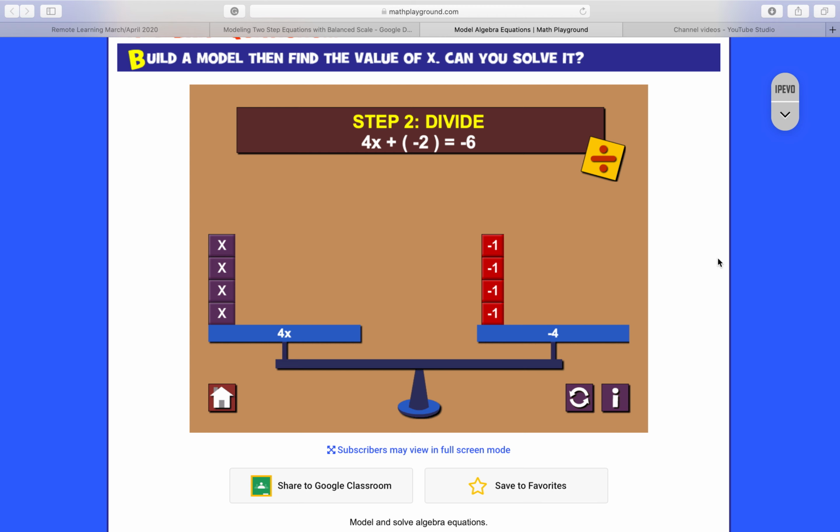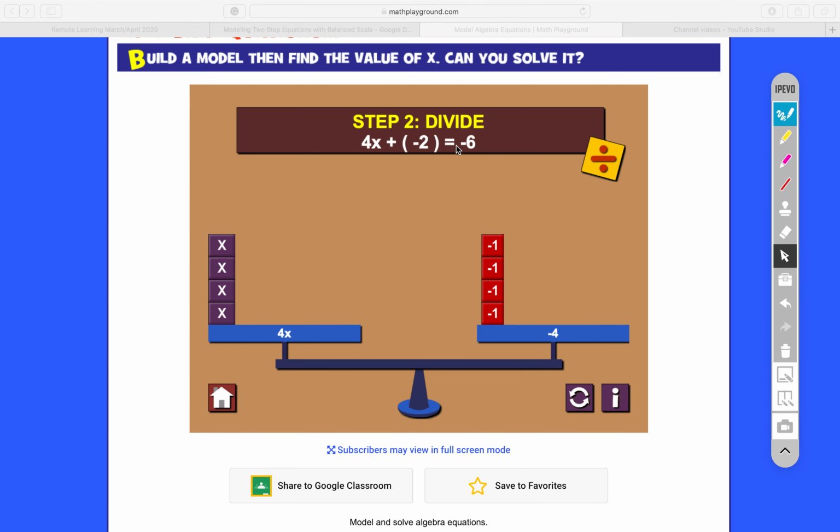Okay, so far what we've done, remember what we did, we put two +1s on each side of the equation. So what that means is we added 2 to both sides.